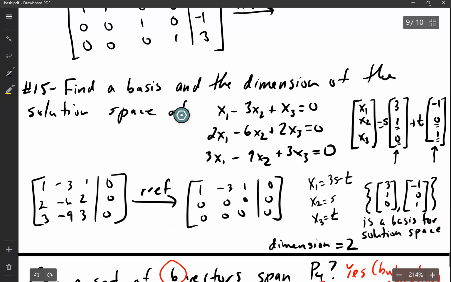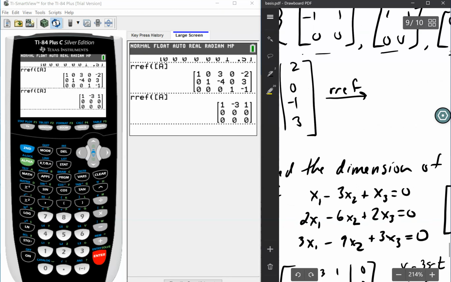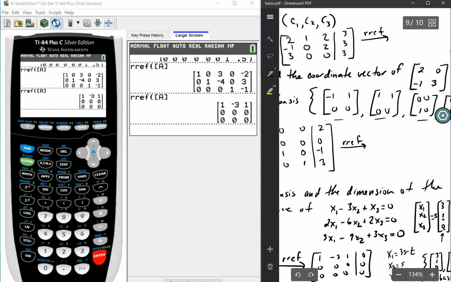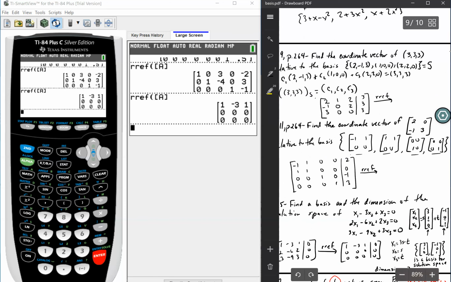Let's go back up to this problem. Let's see if I can zoom in and out a little bit here so you can actually see it. It asks you to find the coordinate vector of this matrix relative to this basis for M22. I didn't have a chance to go through these, so I'll do the second one here.